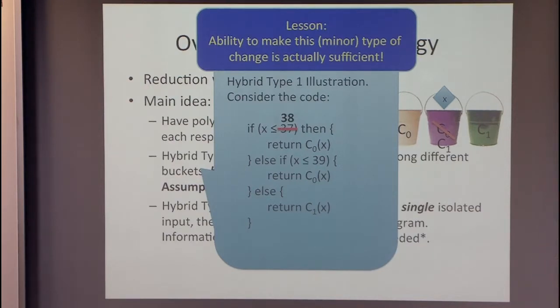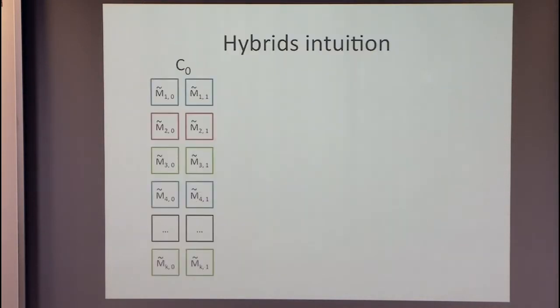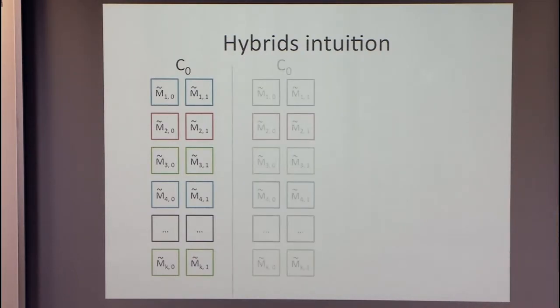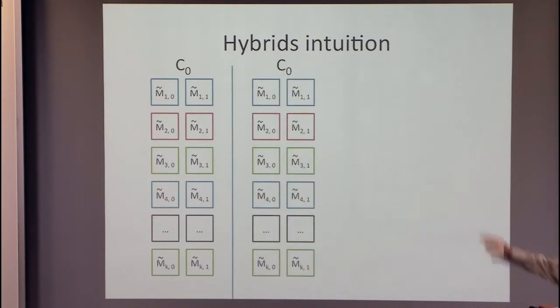Okay. All right. So let me zoom in a little bit more on what's going on here. So suppose we start with some obfuscation, normal obfuscation like the one that we saw. In the beginning, we'll just create sort of a parallel copy of this obfuscation. And now sort of the key step will be to bifurcate the inputs.